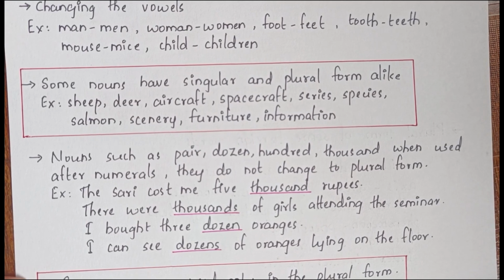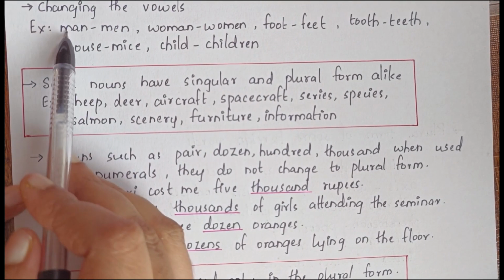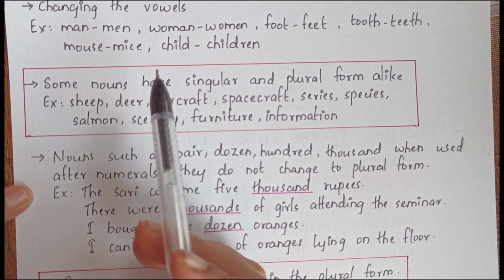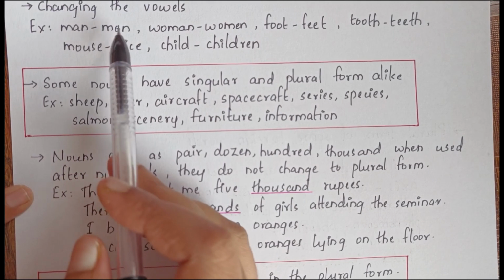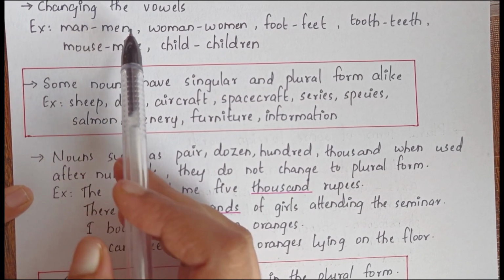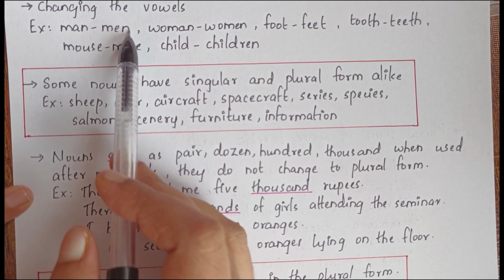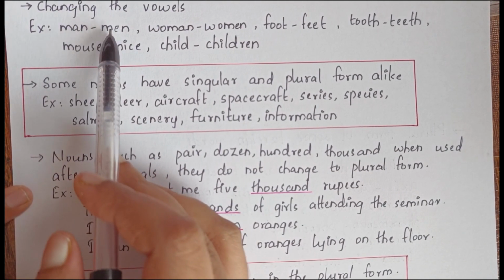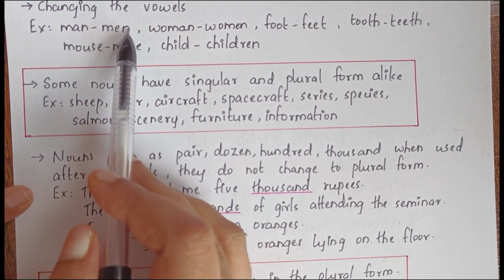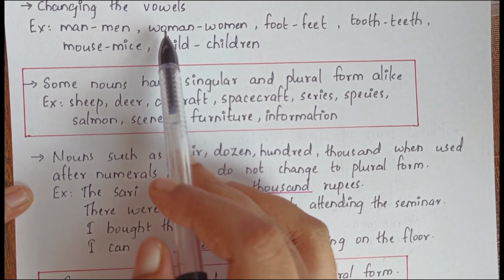Now the next case is by changing the vowels. For example, man, men. I have heard so many people saying that the plural of man is men's. Actually, it is men only. You should not add s to the plural form. Man is singular and men is plural. Similarly, woman, women.